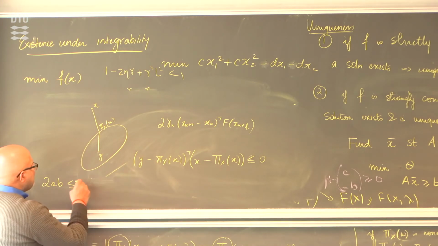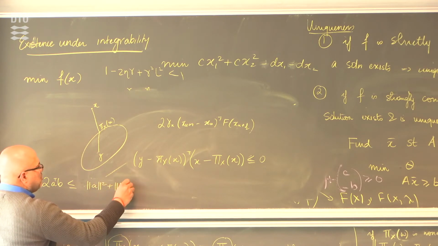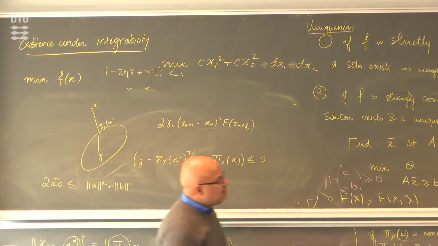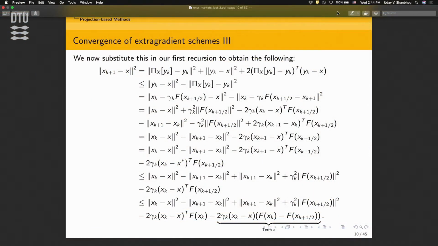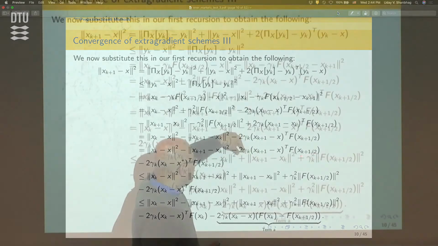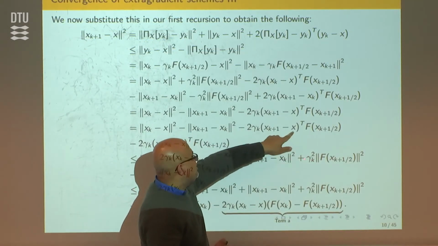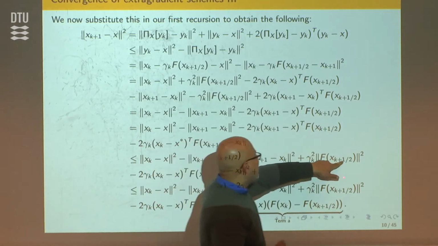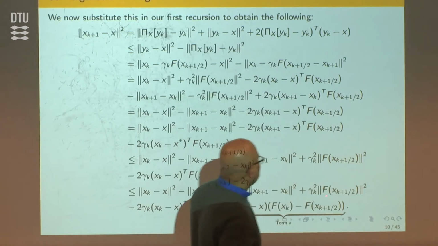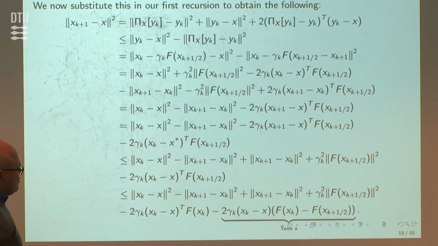In our case it's a vector, so it's less than norm a squared plus norm b squared. So in this particular case, minus 2ab is also less than norm a squared plus norm b squared. So this is less than norm xk plus 1 minus xk squared. Remember this was xk, this is a typo, plus gamma k squared norm f of xk plus half the whole squared. And you're left with this term at the bottom.